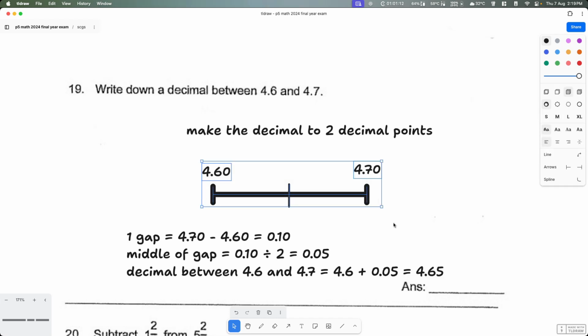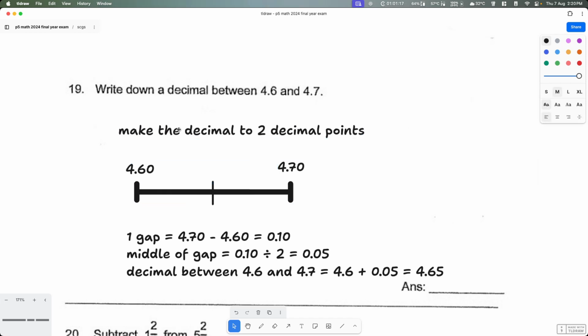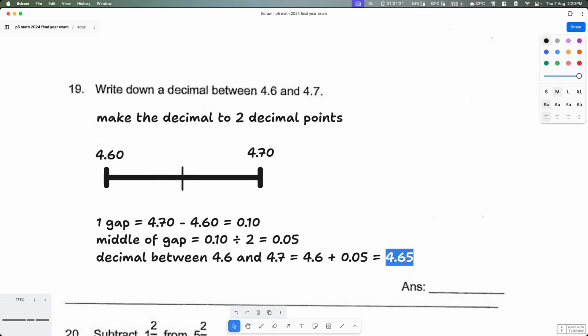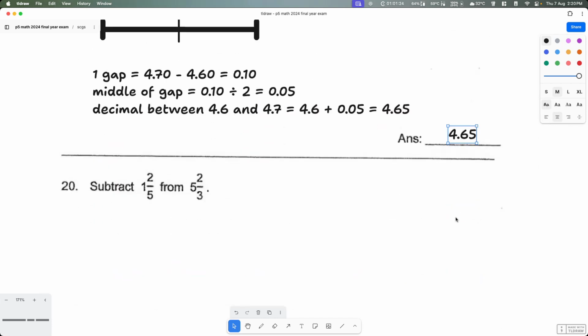And there you go, that's the answer to this question. The answer is 4.65. Let's move on to the next question, question 20.